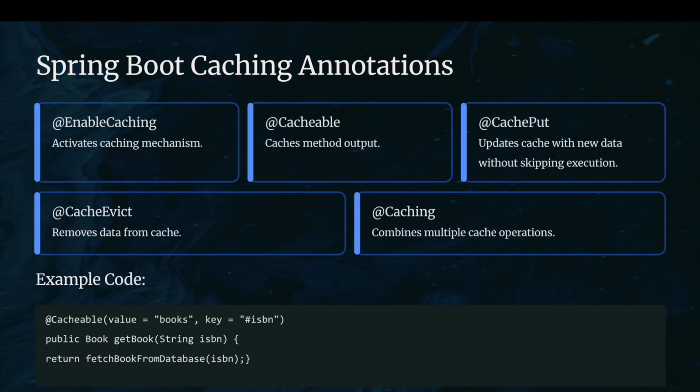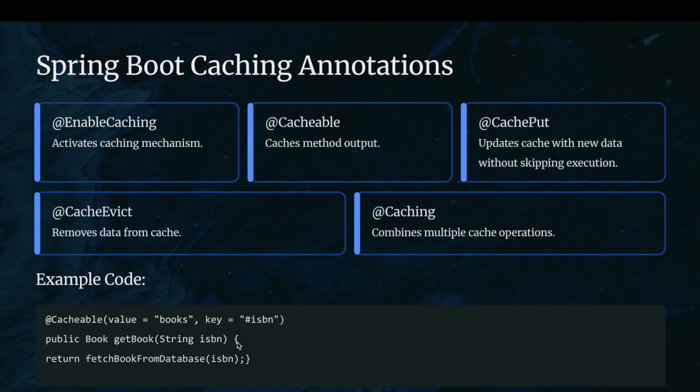So what are the annotations that we'll be using when we go for the implementation of Redis cache? The first annotation we'll need is @EnableCaching, which will activate the caching mechanism. Then we'll have @Cacheable. Then we have @CachePut for updating the cache with new data. Then we have @CacheEvict for removing data from the cache, and then we have @Caching for combining multiple cache operations.